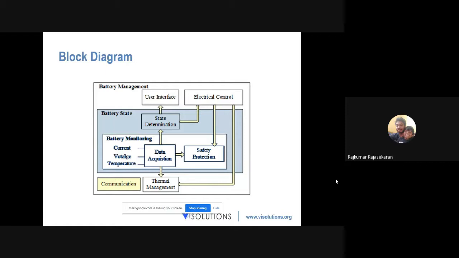When the battery gets too hot, either we switch off the load, or if it's very severe, disconnect it. If it's not so severe, we may employ a cooling mechanism, like circulating a coolant around the battery wherever necessary. These are the important things to be employed in a battery management system.